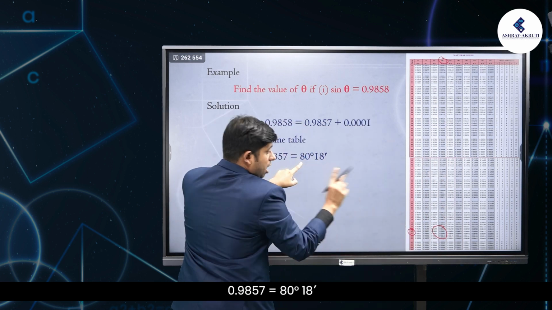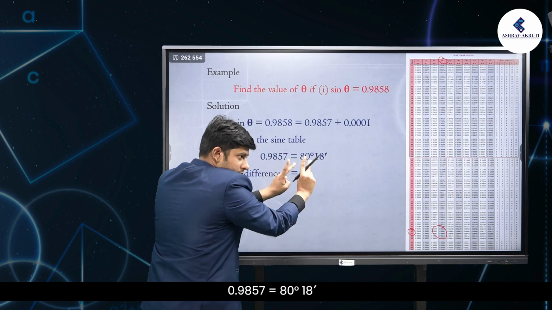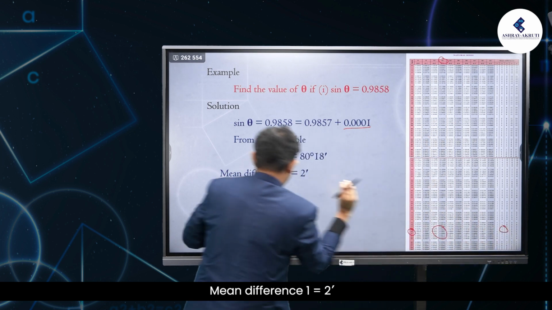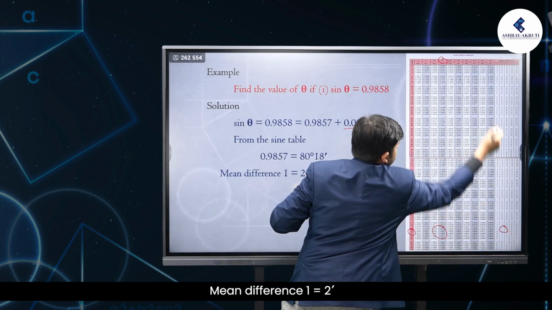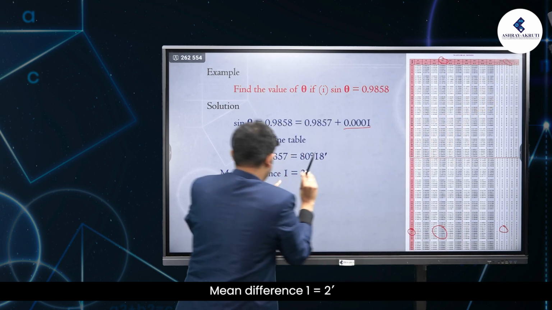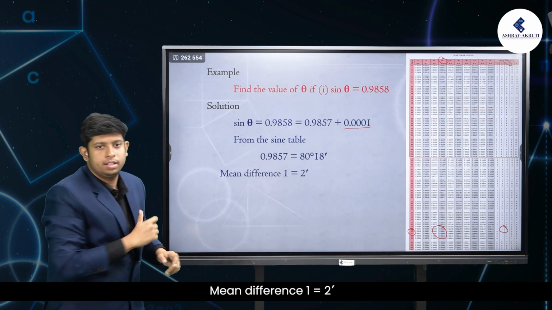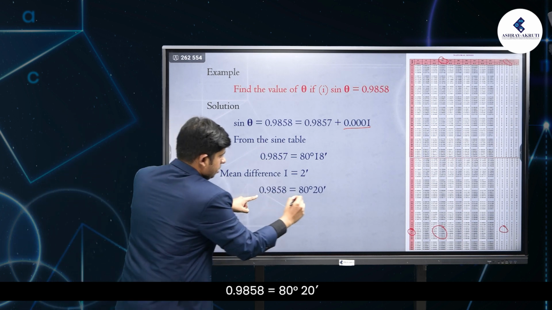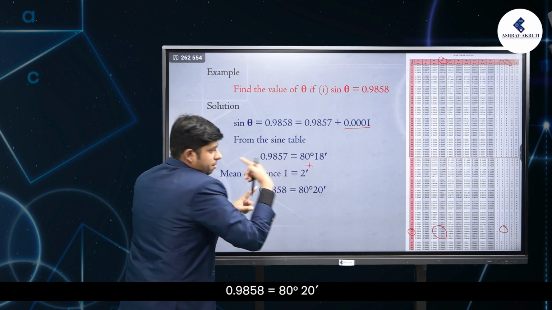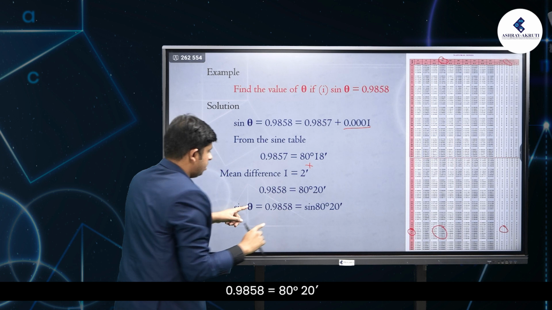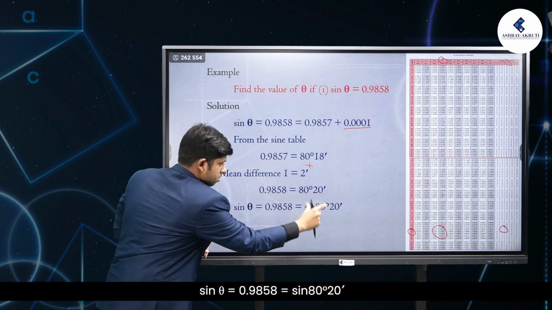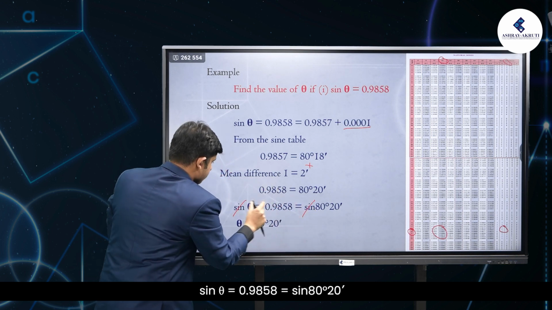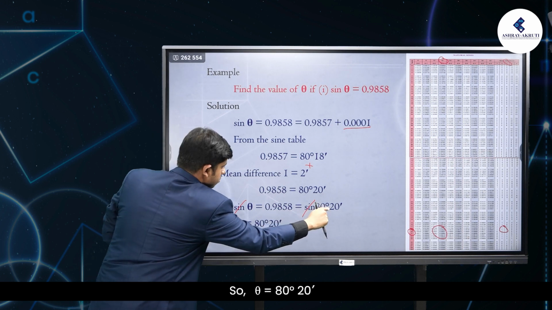From the sine table, 0.9857 is equal to 80 degrees 18 minutes and mean difference 1 is equal to 2 minutes. So 0.9858 is equal to 80 degrees 20 minutes. Sin theta is equal to 0.9858 is equal to sin 80 degrees 20 minutes. So, theta is equal to 80 degrees 20 minutes.